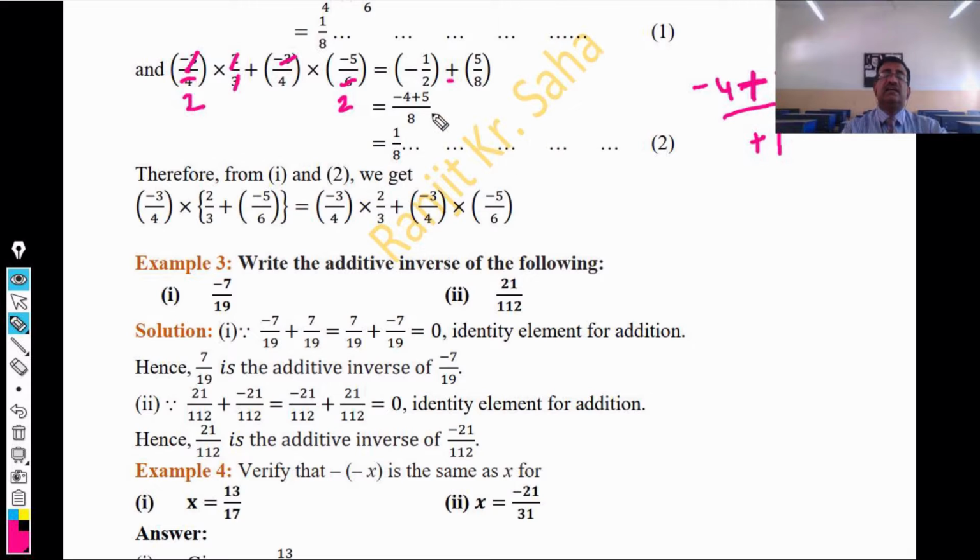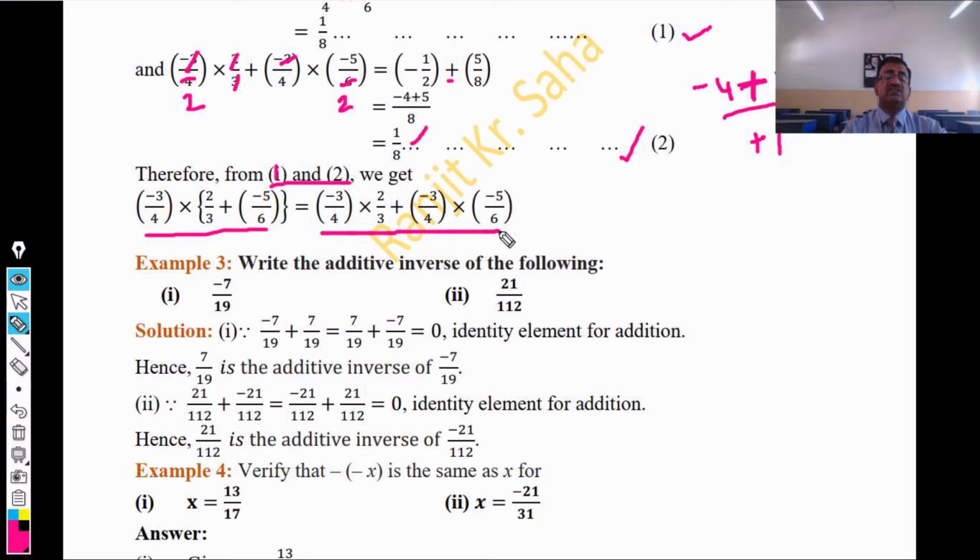Then here you have to write 1 by 8. Then equation 1 is saying 1 by 8, equation 2 is saying 1 by 8. Taking those two, 1 and 2, you can say the left hand side is equal to the right hand side.